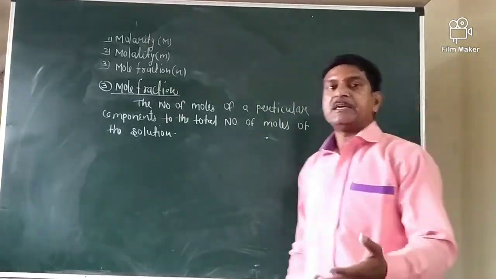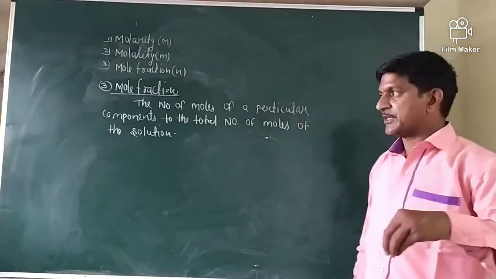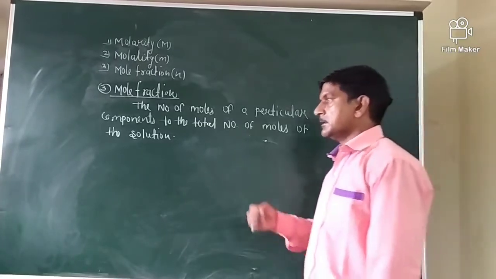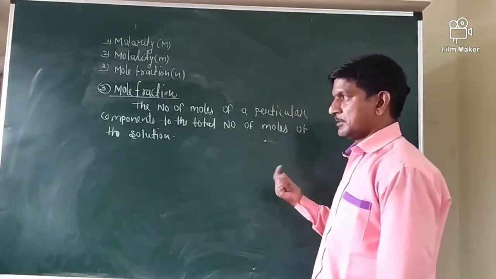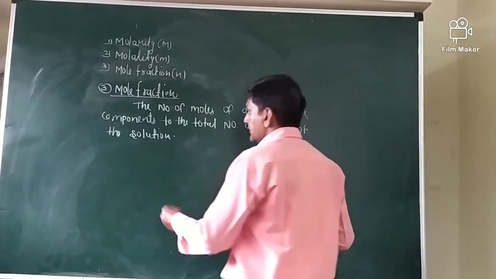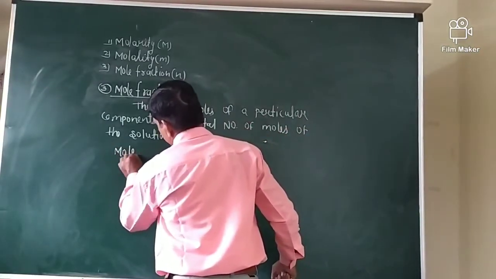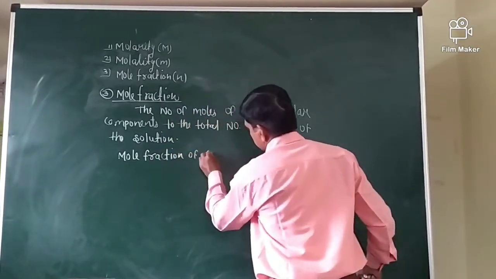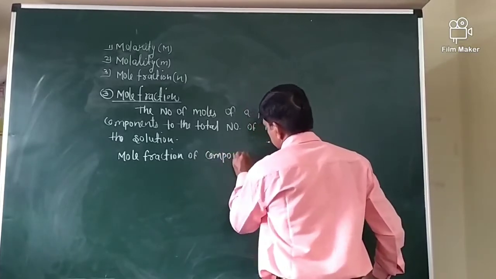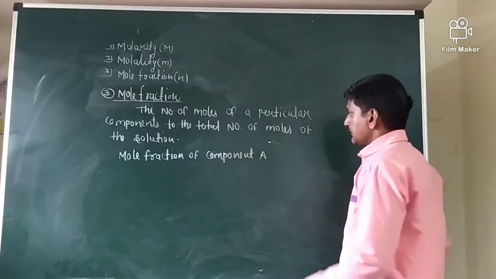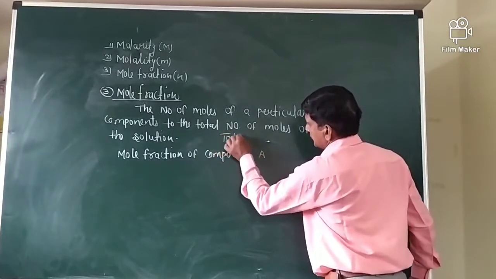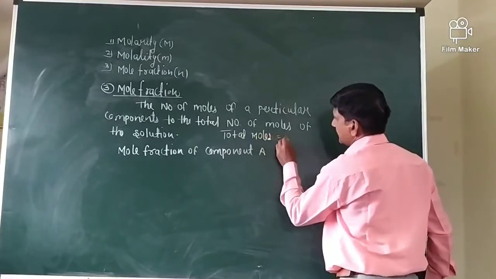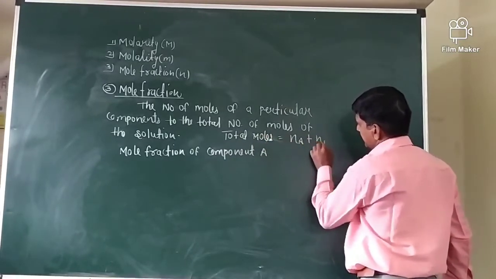Suppose solution A dissolves in solution B. So for the mole fraction of component A, the total moles equal Na plus Nb.